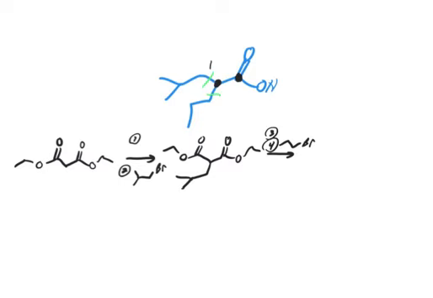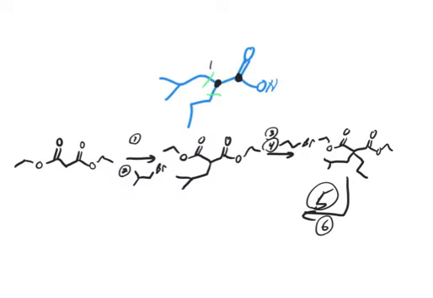And my product is going to look like this. And then after hydrolysis, which is step 5, and step 6, which is the acid and decarboxylation, I wind up with a carboxylic acid that has those 2 alkyl groups attached to it, just like that.